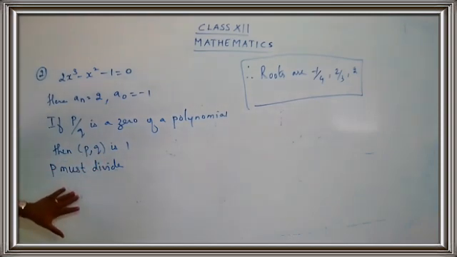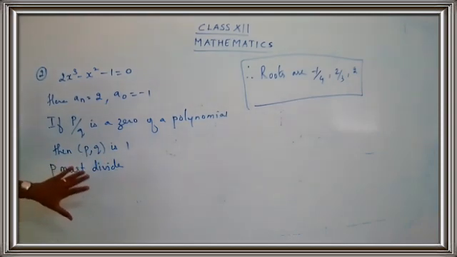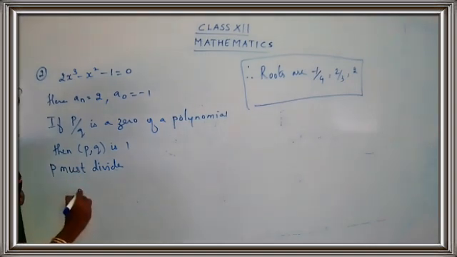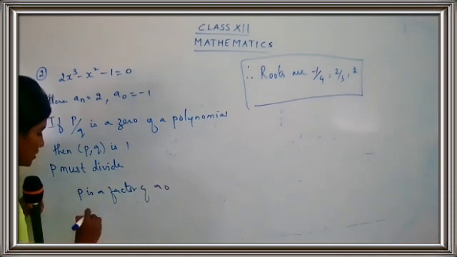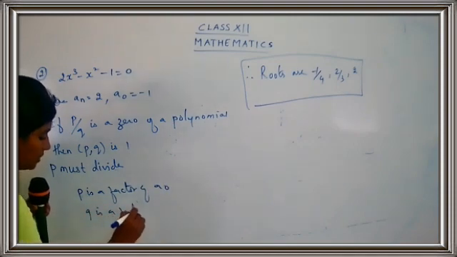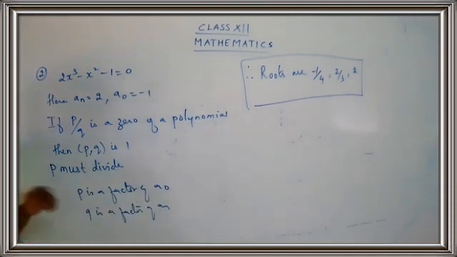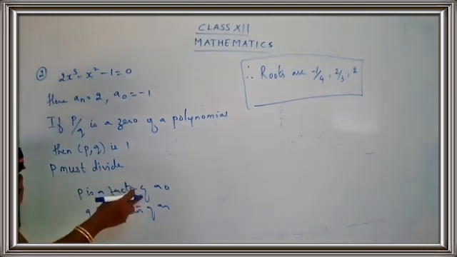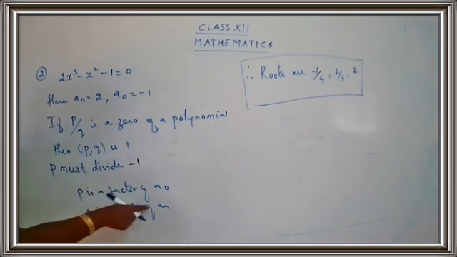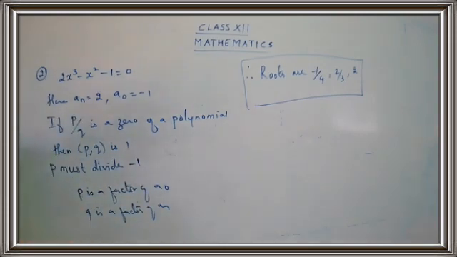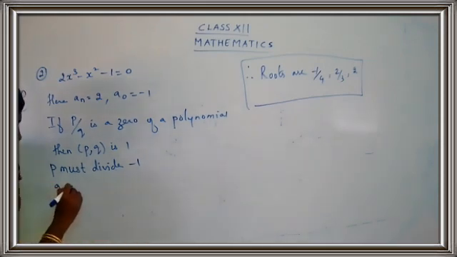Then what is the condition they have given? p is a factor of a_0 and q is a factor of a_n. In place of factor, I'm just writing divide. That's one and the same. So p must divide a_0. What is a_0? Minus 1. And q must divide a_n. What is a_n? 2. So put here, p must divide minus 1 and q must divide 2.